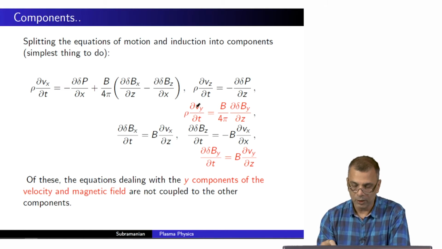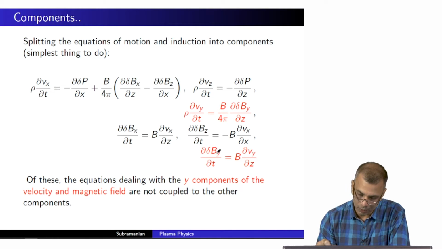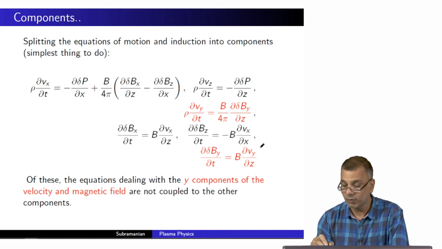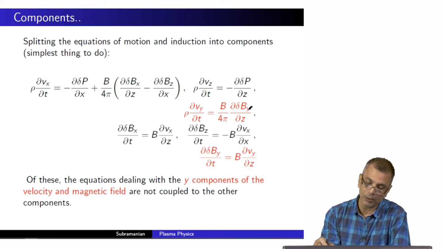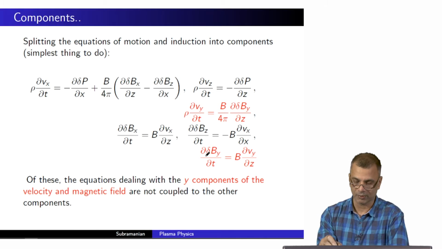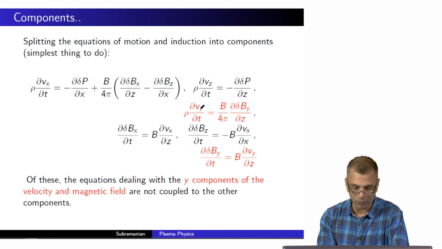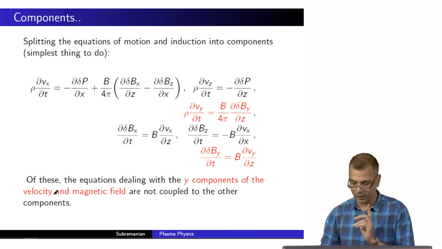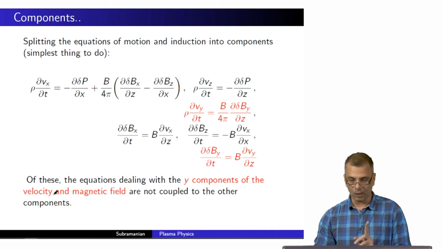You have Vy here and delta By here, delta By here and Vy here. There is no appearance of delta Bz or, for that matter, Vz in these two equations. That is what one means by saying that the y components of the velocity and magnetic fields are not coupled to the other components.